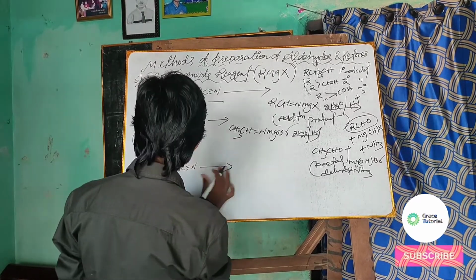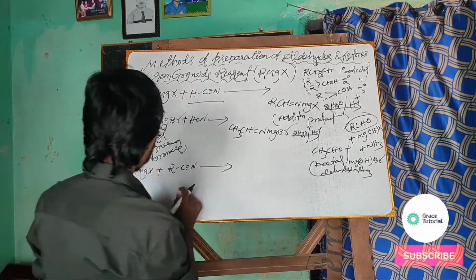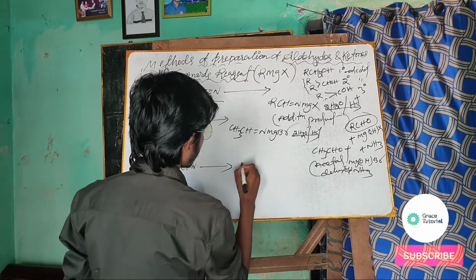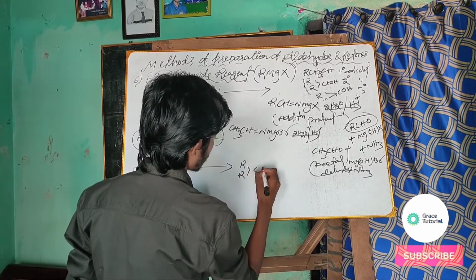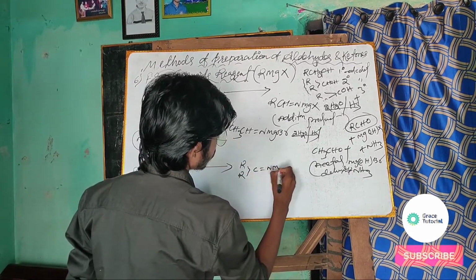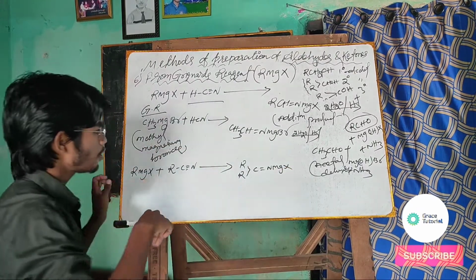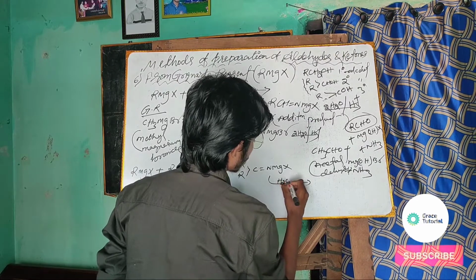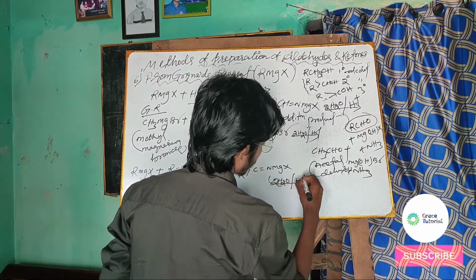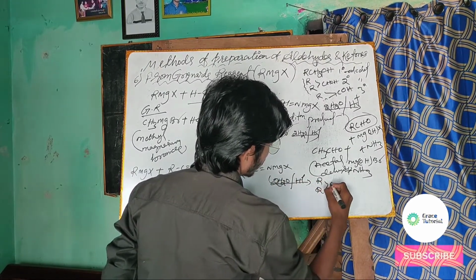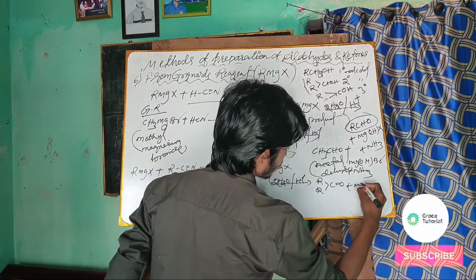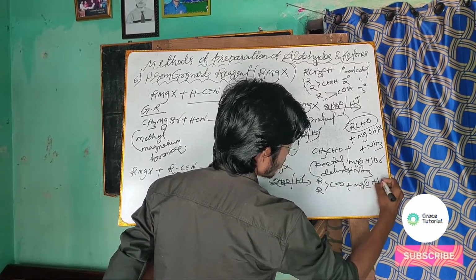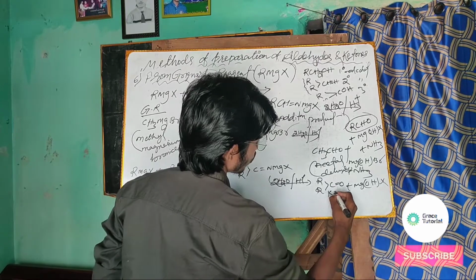What generally happens here is exactly the same way. First of all the addition product results, and followed by acidic hydrolysis, the ketone results along with magnesium hydroxy halide. So this is the ketone.